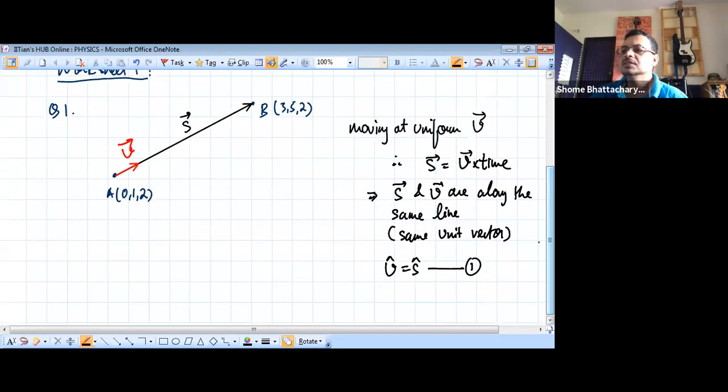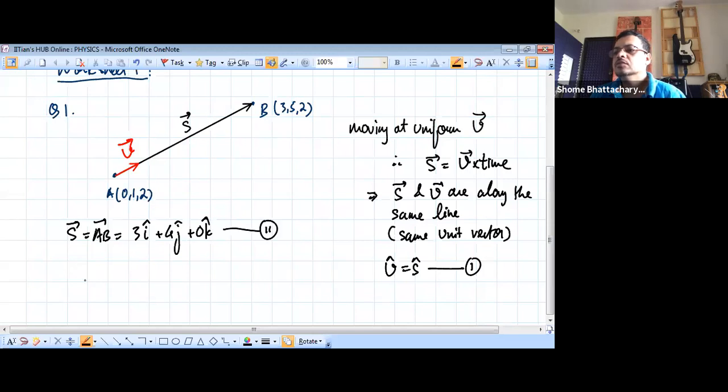So the displacement itself, you can see, is nothing but this line AB, A to B. So it will be from 0 to 3, so that is 3 I cap, plus 1 to 5, so that is 4 J cap, plus 2 to 2, so that is 0 K cap. So the displacement vector is this. That's the second thing that we do. From this we can see that the displacement's unit vector is nothing but the displacement vector divided by its own magnitude.